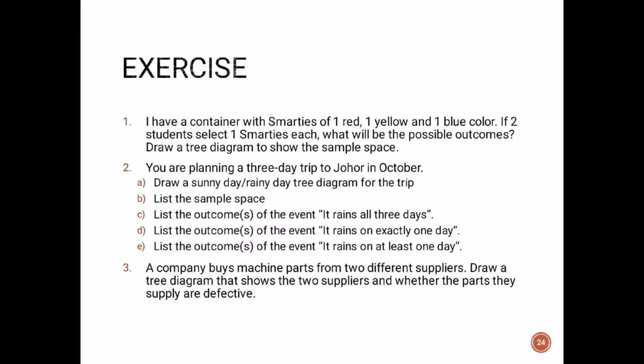Maybe I should define the experiment more precisely. Let's say I call two students to choose the Smarties. The two students will choose one by one, not at the same time.